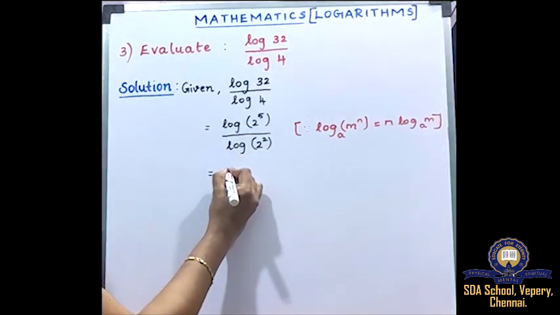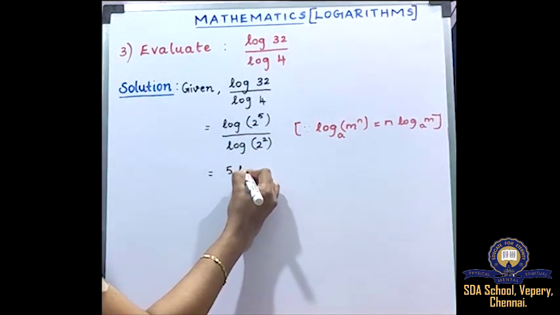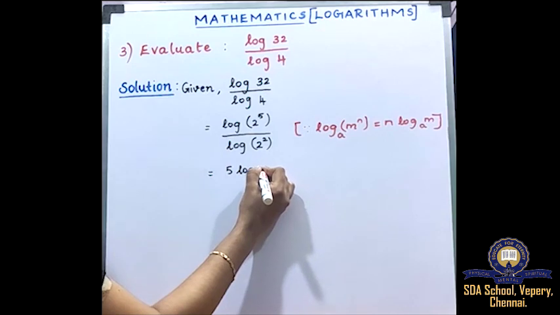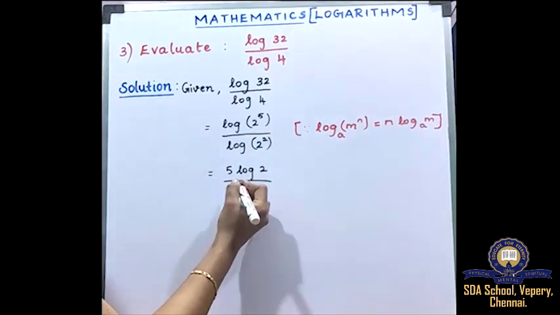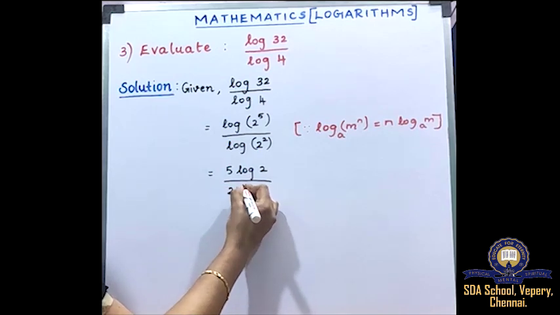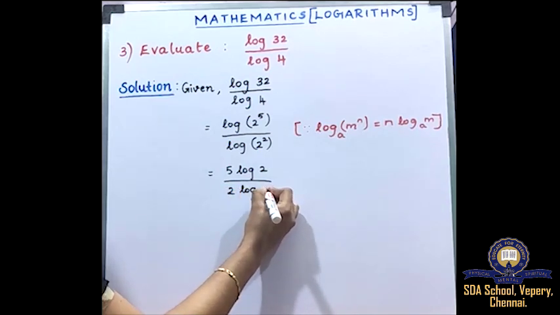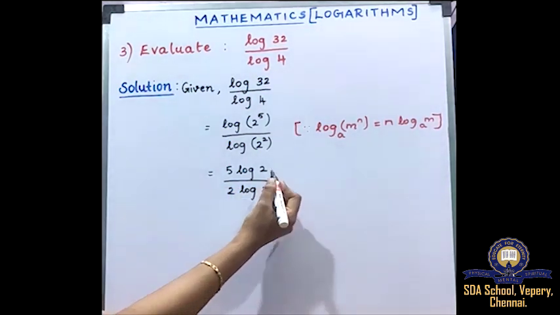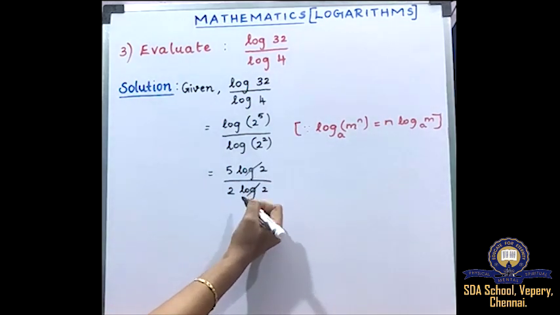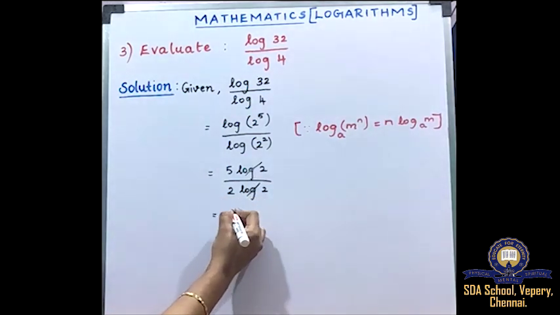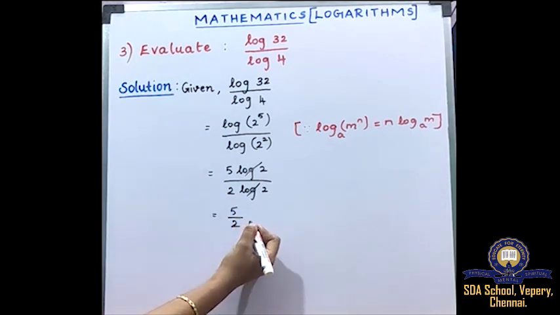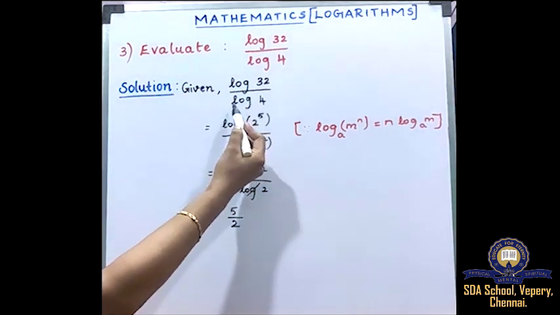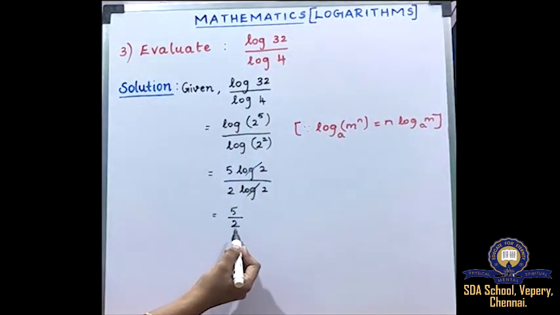So your n value is 5, 5 log 2. Likewise, your n value is 2, so you will get 2 log 2. Right? So when you cancel log 2, what will you get? 5 by 2. So we have found the value of log 32 by log 4 as 5 by 2.